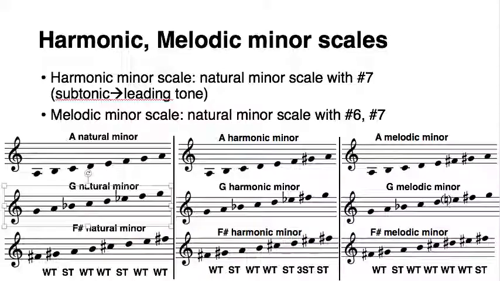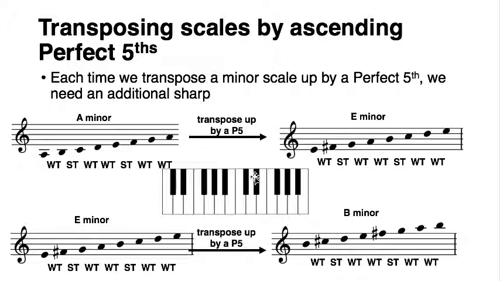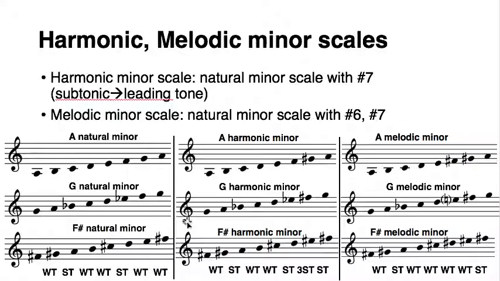Remember from looking at a keyboard that we have the E flat here on this key, and we make it E natural. Let's go back to that slide here. I put it in parentheses just so it is clear that this, in the previous versions of the minor scale, was an E flat. But in the melodic minor, it's an E natural.